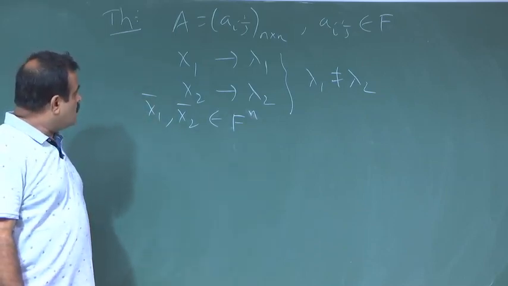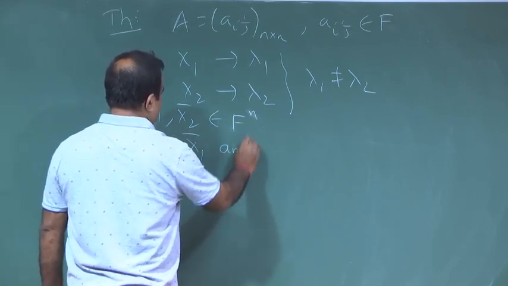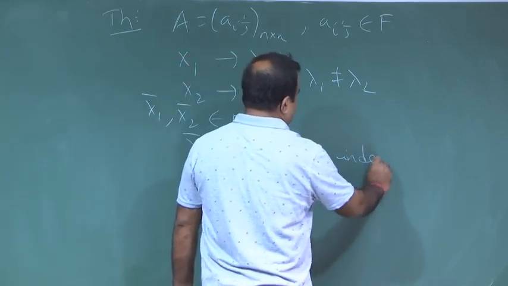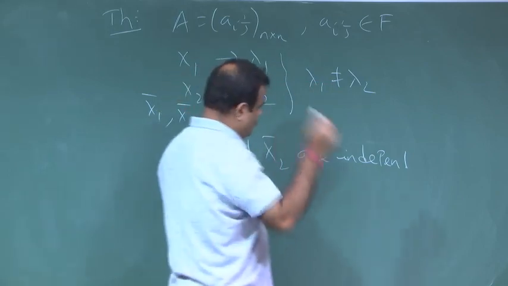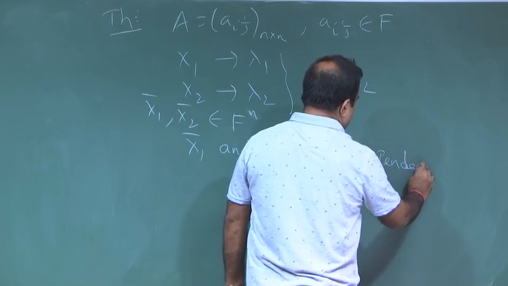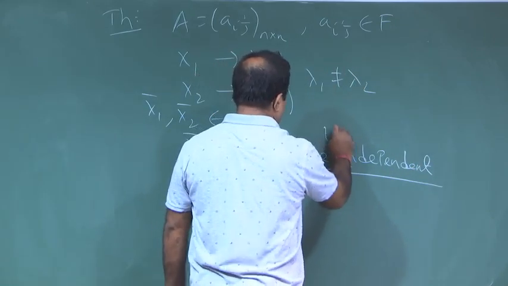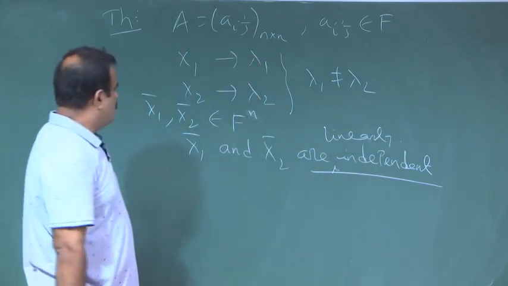Now our claim is that x1 and x2 are linearly independent vectors over this field.